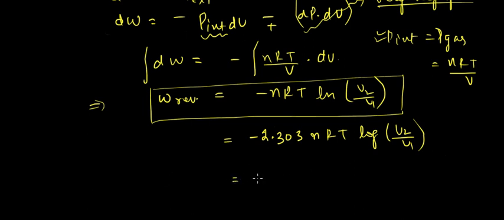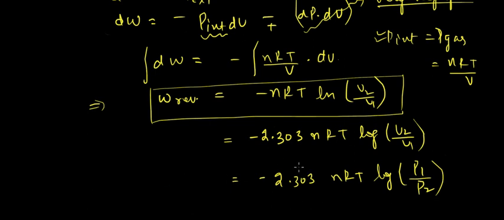Okay, and we can also see that as P is inversely proportional to V, so we can also write it as minus 2.303 nRT log P1 upon P2.